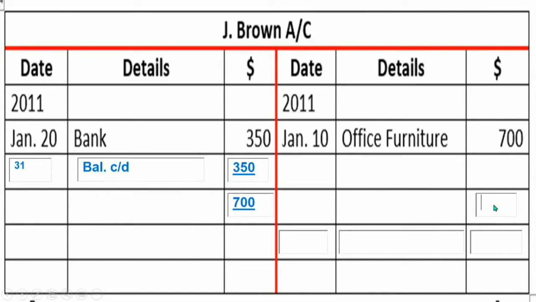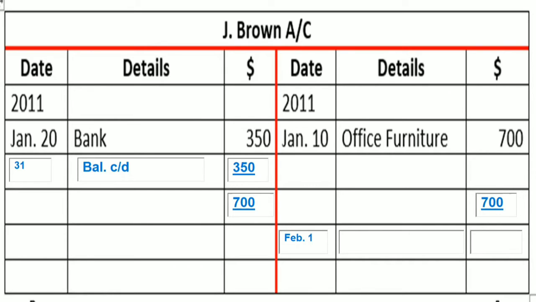And the total on the credit side there is 700. Now, please note that once you record your totals, there should be a single line above and a double line below. To complete the process, at the beginning of the next period, on the opposite side of your balance carried down, directly below your total, you write the balance brought down.